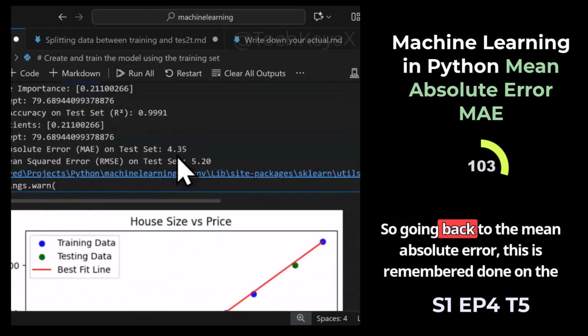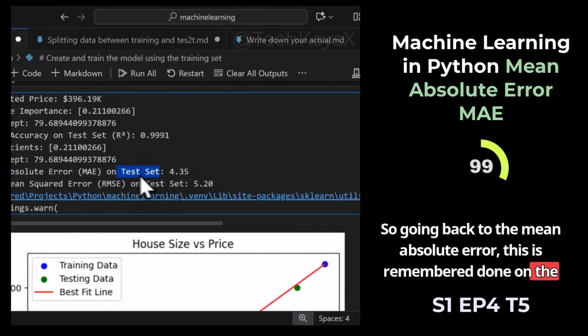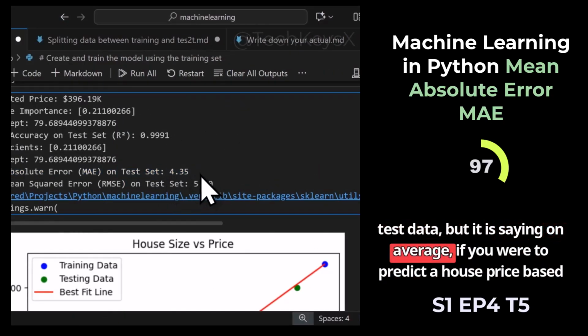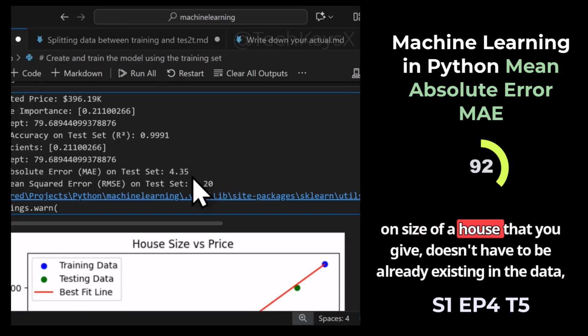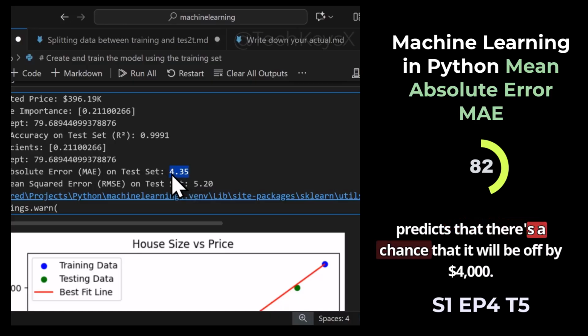Going back to the mean absolute error, remember, this is done on the test data, but it is saying that on average, if you were to predict a house price based on a size that you give, it doesn't have to already exist in the data, it can be anything, 1,500, 1,600, 1,700, whatever you want, there's a chance that it will be off by $4,000.